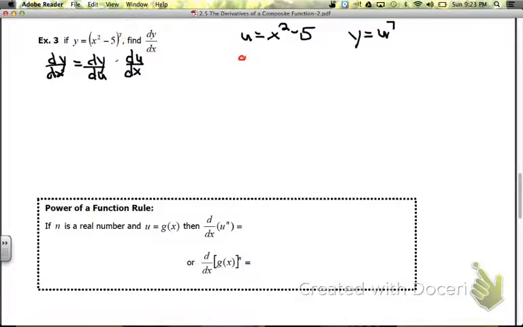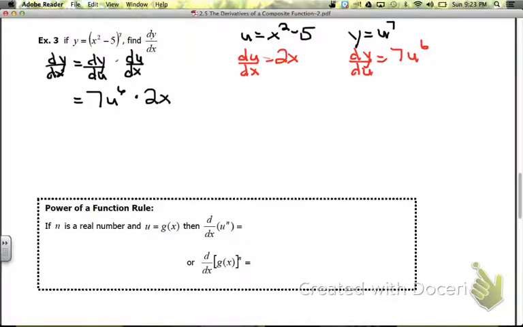So the derivative of u in terms of x is just going to be equal to 2x, and the derivative of y in terms of u is just equal to 7u to the power of 6. So we can take those derivatives, sub into our formula here, and we get 7u to the power of 6 times our 2x.